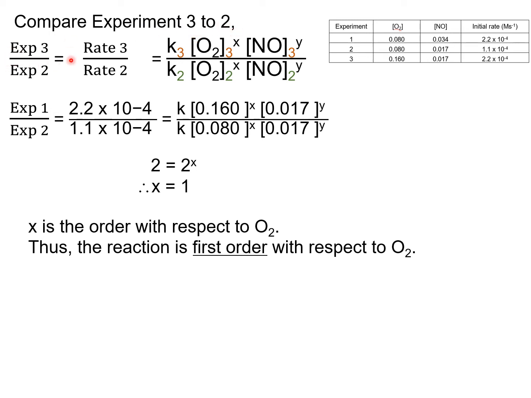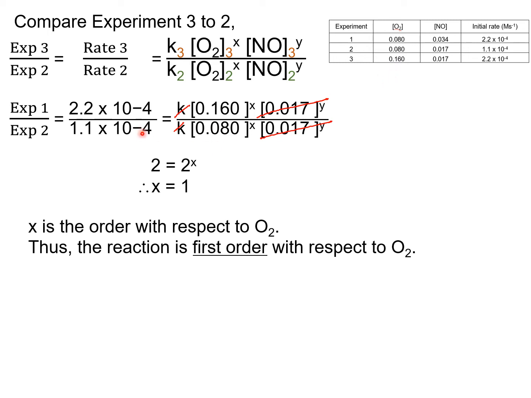Okay, so now I write down the ratio of experiment 3 to 2, okay, di mana this is the rate law equation untuk eksperimen yang ketiga and this is the rate law equation untuk eksperimen yang kedua, and after that I masukkan sahaja value masing-masing and I boleh cancelkan the K and I can also cancelkan concentration yang constant untuk NO, which is 0.017 to the power of Y. Maka yang tinggal ialah ratio of rate eksperimen 3 bahagi 2 and also the ratio of concentration of oxygen 0.16 divided by 0.08.